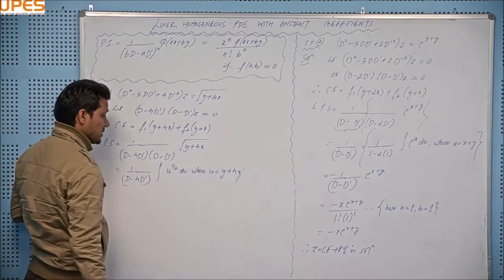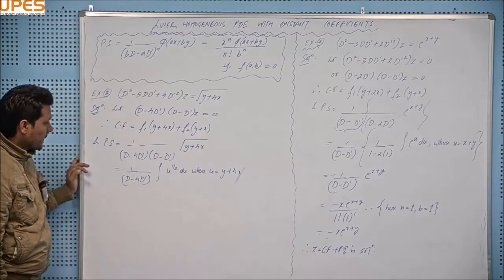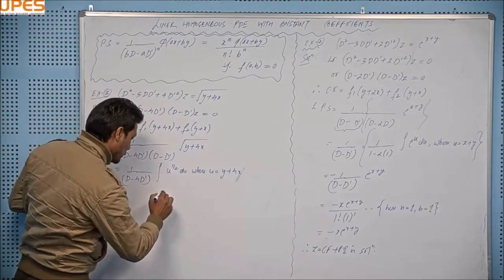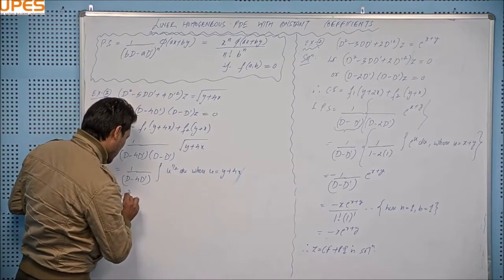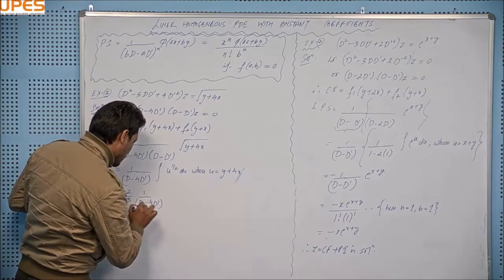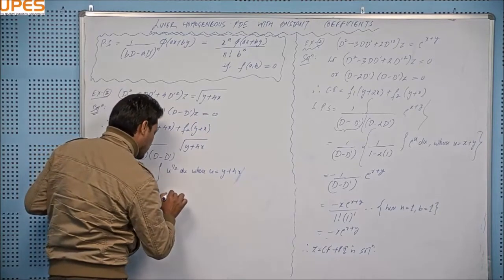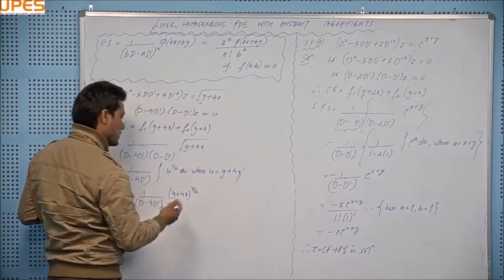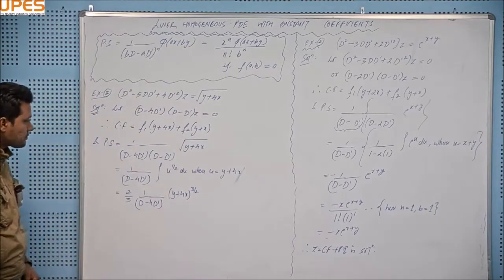Then integrating it will give u to the power 3 by 2 and 2 by 3, then 2 by 3 will appear here, 1 upon D minus 4D dash, u to the power 3 by 2, that is y plus 4x to the power 3 by 2 after integrating it, right?